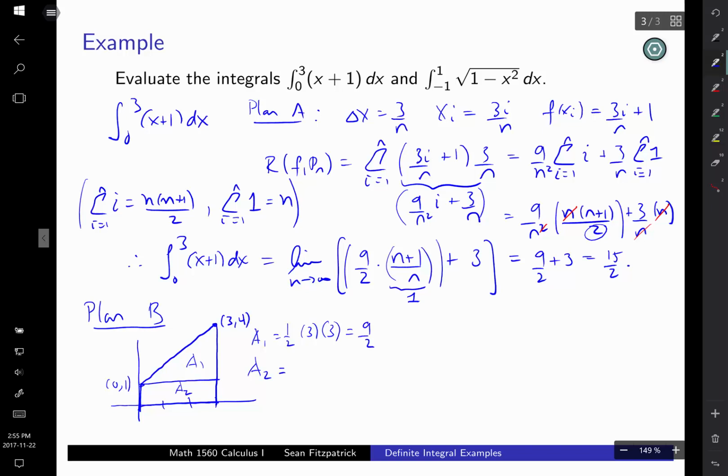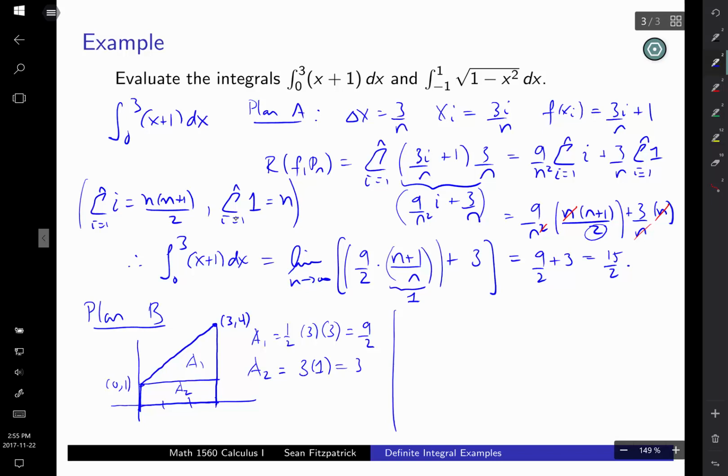What's area 2? Area 2, well, that's just the rectangle. Base is 3, height is 1, so it's 3 times 1, which is 3. And notice those are exactly the values that we had, right? The 9 over 2 plus the 3, we get our 15 over 2. And I guess you could have also done this using perhaps a trapezoid rule. If you know the formula for the area of a trapezoid, you would get that 15 over 2 as well.